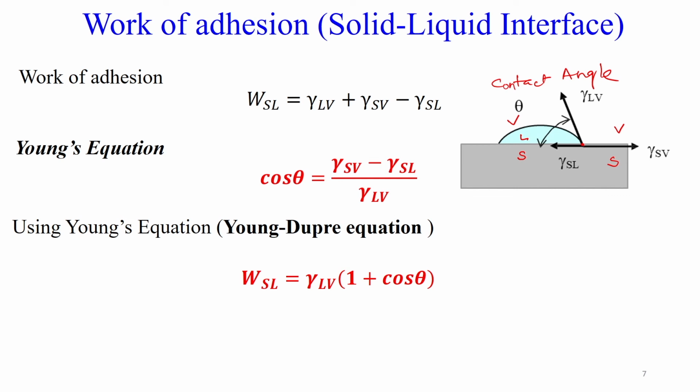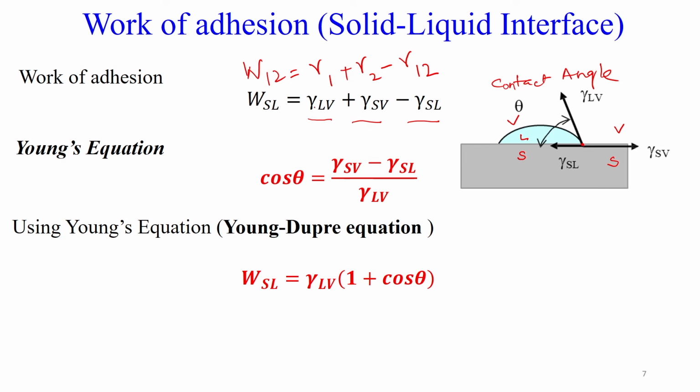So, work of adhesion is surface tension of liquid plus surface tension of solid minus interfacial tension. If you remember, W12 is equal to gamma 1 plus gamma 2 minus gamma 12.